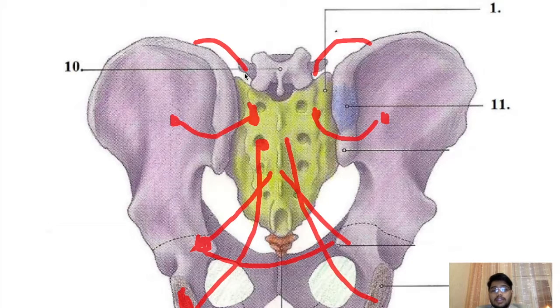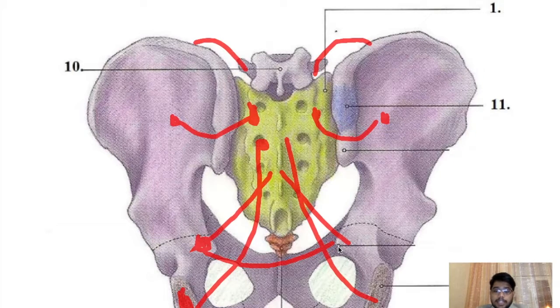So the ligaments are as follows: anterior left sacroiliac ligament, anterior right sacroiliac ligament, posterior left sacroiliac ligament, and posterior right sacroiliac ligament. Here, left sacrotuberous ligament, left sacrospinous ligament, right sacrotuberous ligament, right sacrospinous ligament, and interspinous ligaments. So this concludes the ligaments.